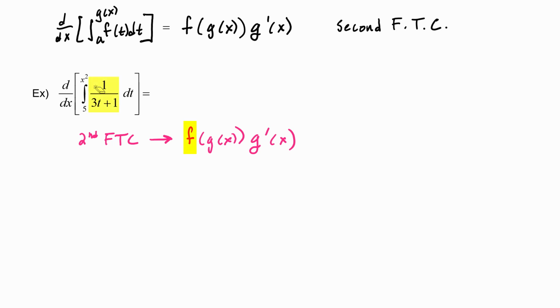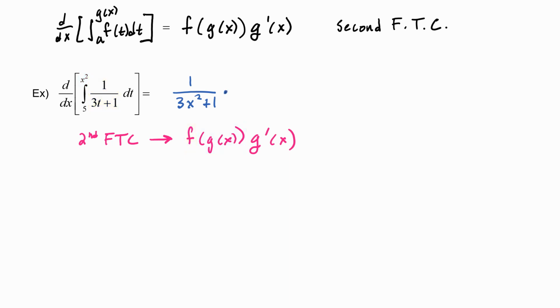F refers to this inner function 1 over 3t plus 1, and we have to take g of x, which is x squared, and plug that into f. So that would become 1 over 3x squared plus 1. We just took our g of x squared and plugged it in where the t is.